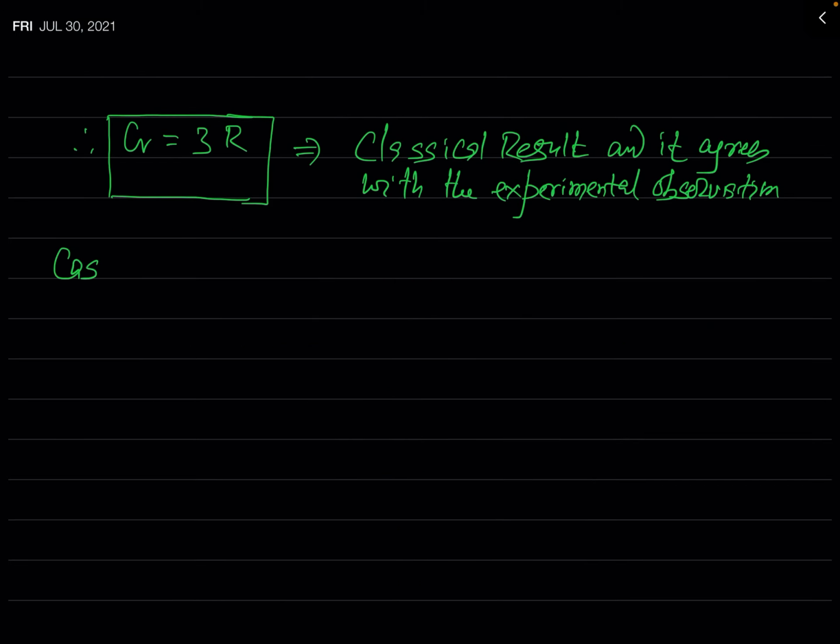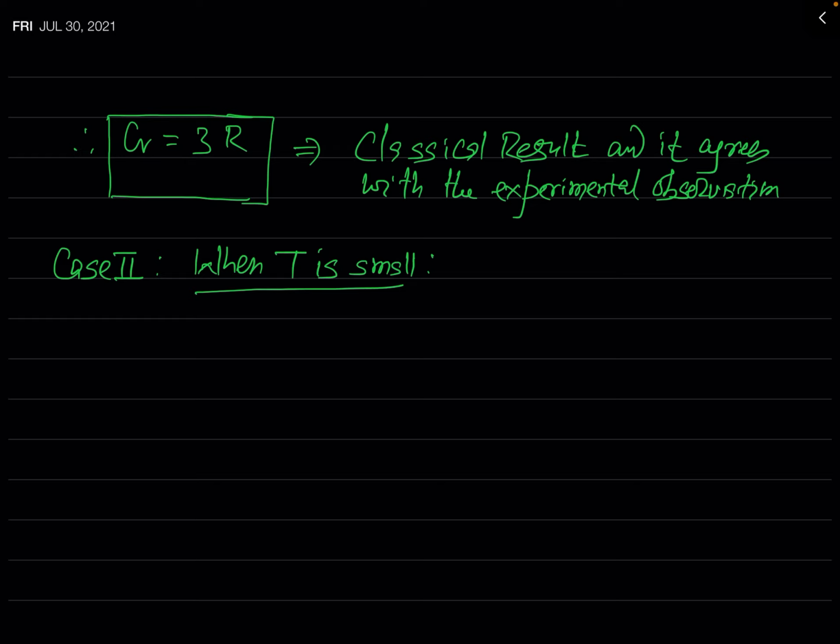So in the second case, we are going to discuss the specific heat of solid when temperature is low. When T is small or very small, mathematically you can say that T is tending towards 0. So what will be the result in this condition?